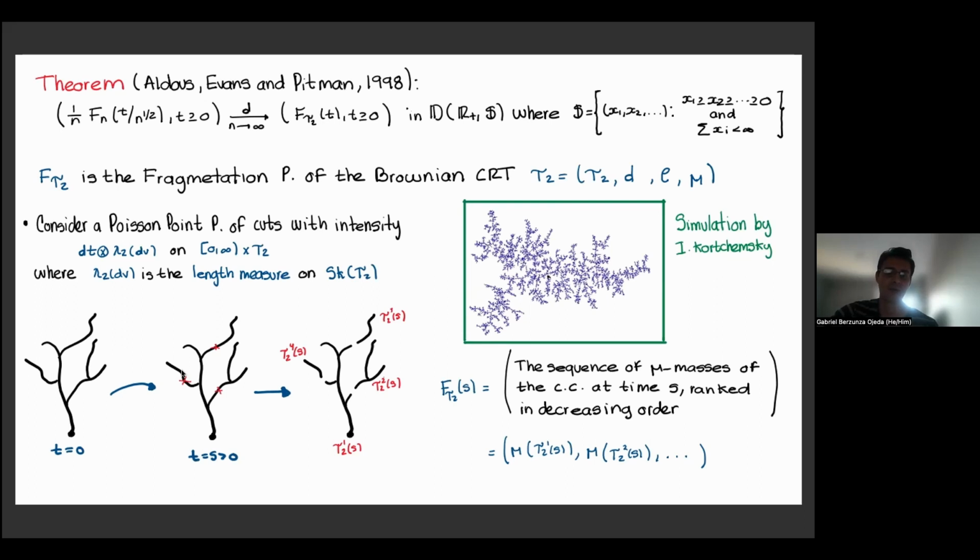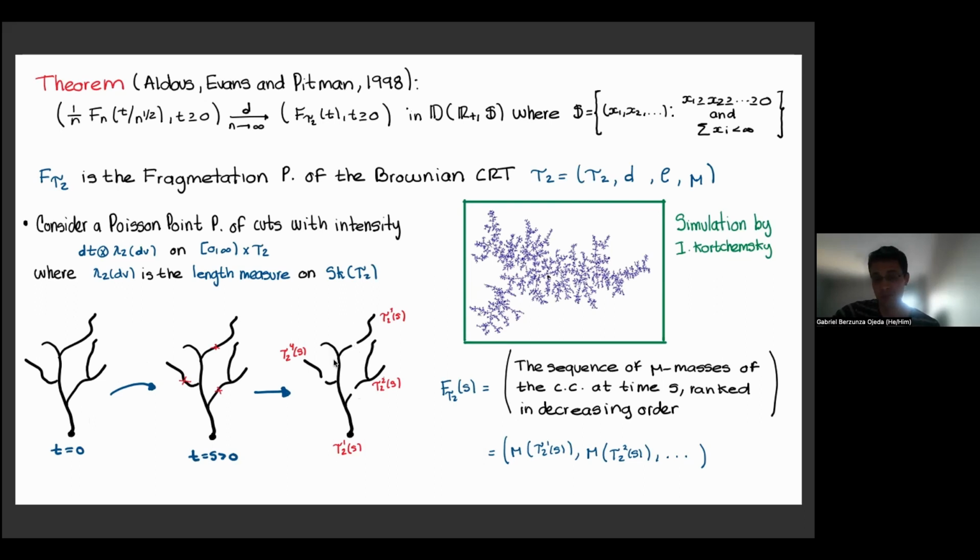Okay, so how does it work? Say you have here a silly picture of the Brownian CRT. You let fall Poissonian marks on the skeleton, on the edges of this continuum random tree. Then you remove these marks, and what you have is a collection of smaller subtrees of the original one.